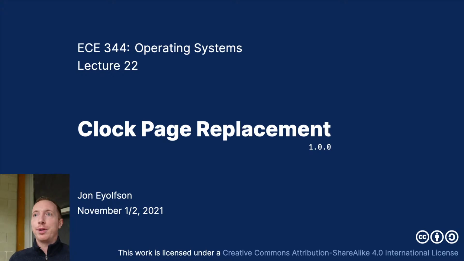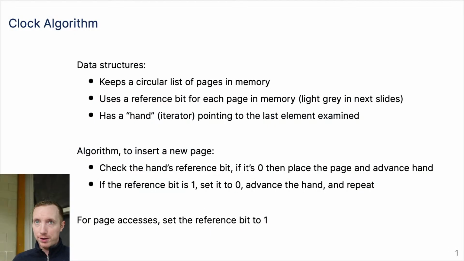But today we're going to be talking about more page replacement and the clock algorithm, which was kind of that approximation of least recently used, except we're actually going to be able to implement it. So here's the algorithm in all its glory, and the rest of the class we're just going to go over examples again and again.